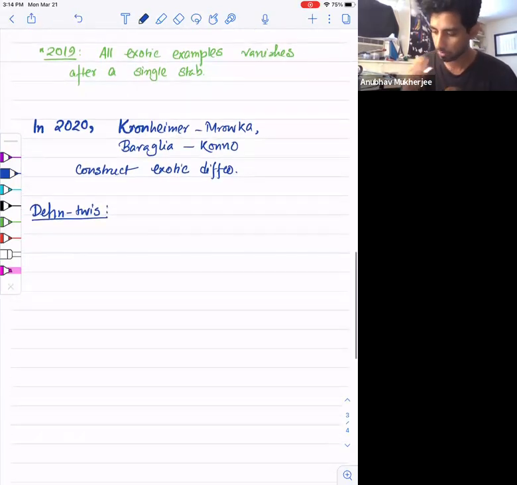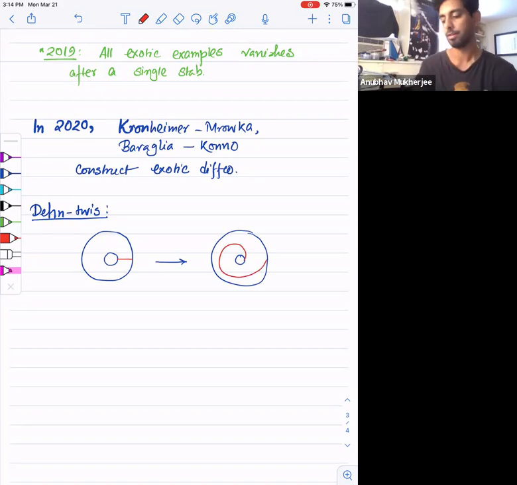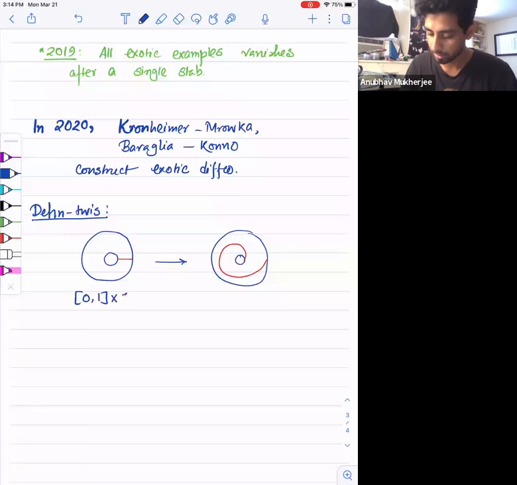Usually for a Dehn twist, you map an annulus to an annulus by a diffeomorphism where this curve goes to a curve with a twist. The underlying math is that we can think of this annulus as [0,1] cross S1.